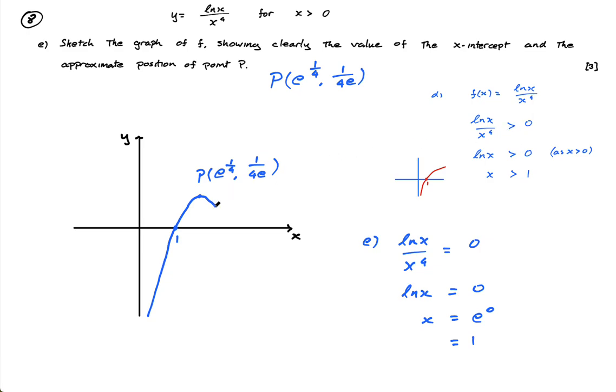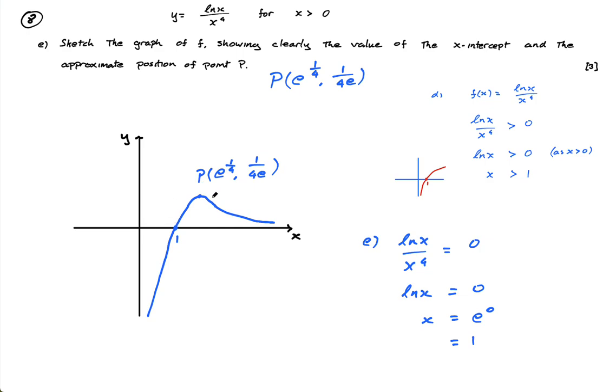So what's going to happen is it's just going to come down, and then, well, let me do that again, guys. There's an asymptote at y equals 0, on the x-axis. So it says here, show the value of the x-intercept clearly and the approximate position of p. You're going to get one mark for this, one mark for this, and another mark for just the approximate shape.